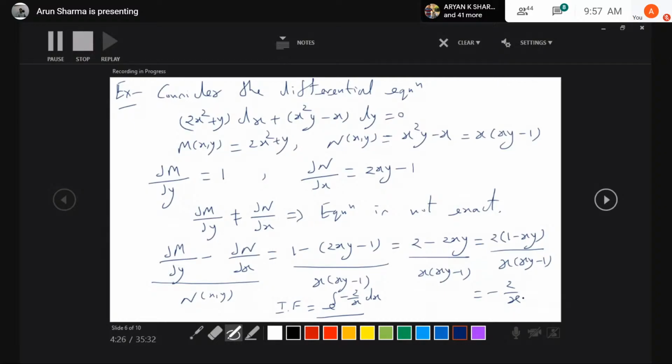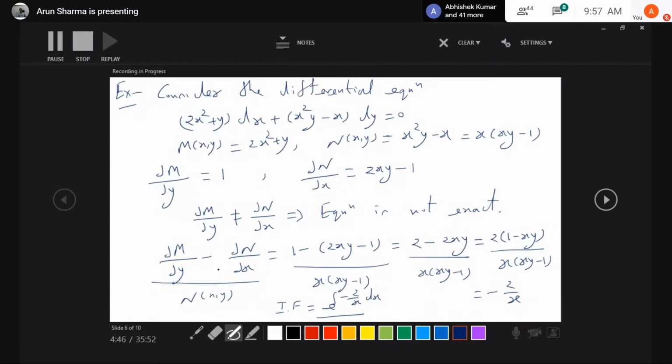If it is a function of y, then there is a problem. In that case, we have to try the other one: ∂N/∂x minus ∂M/∂y, divided by M. Basically, there is a technique.